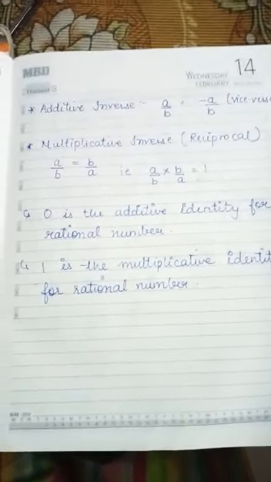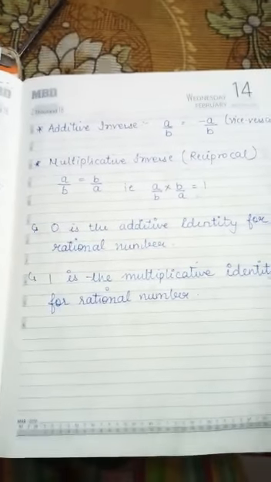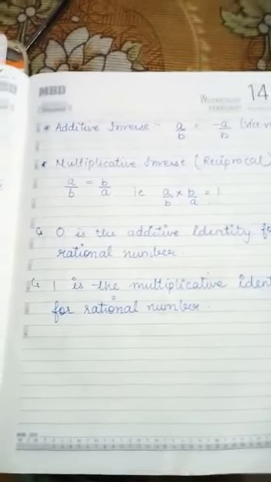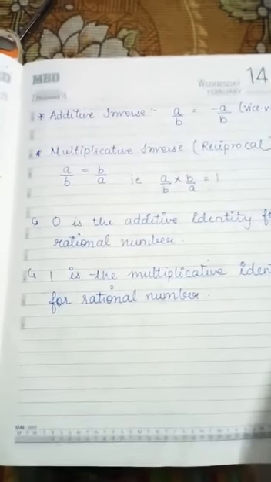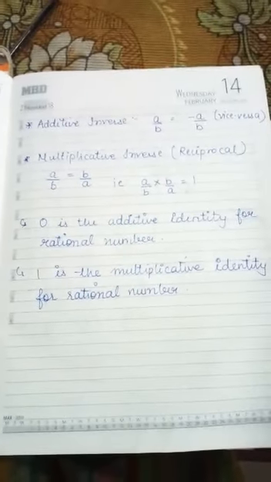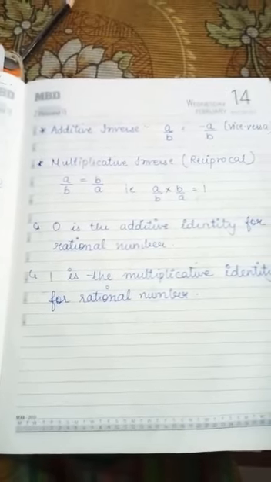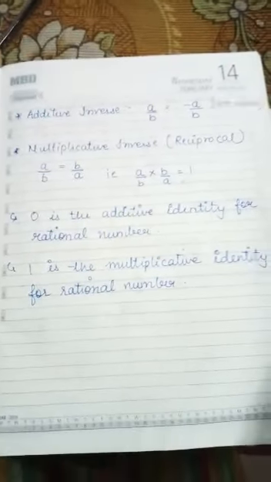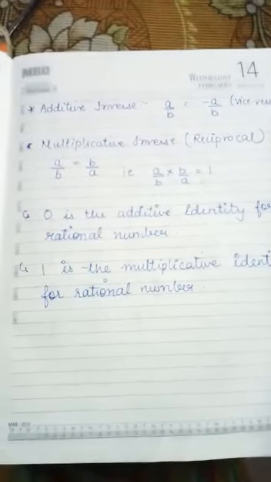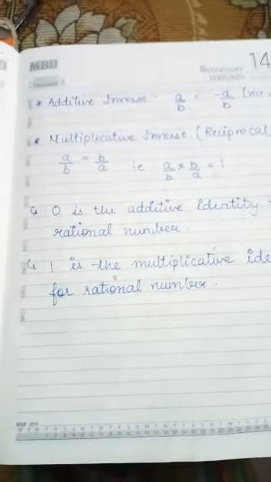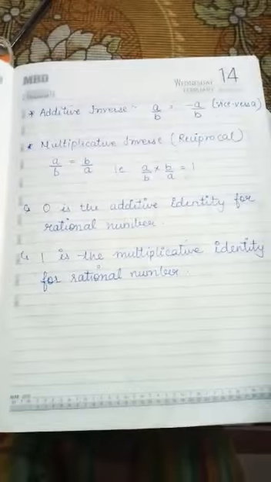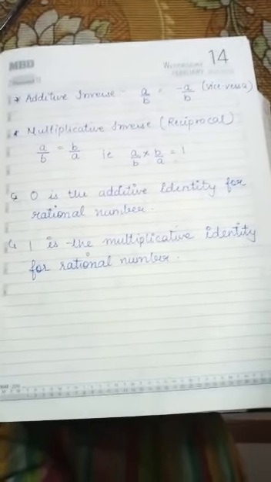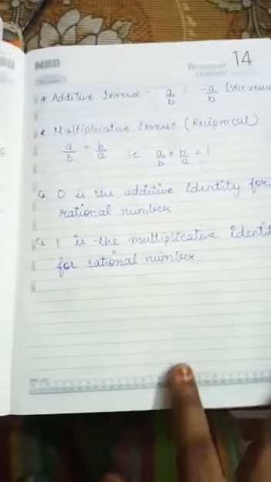A upon b, its reciprocal or multiplicative inverse, it will be upside down, is b upon a. And the identity of multiplication is 1. If we multiply the number given and its multiplicative inverse, the answer should come 1. In the same way in additive inverse, if we add both the numbers, the answer should come 0. I have written 0 is the additive identity for rational numbers and 1 is the multiplicative identity for rational numbers.